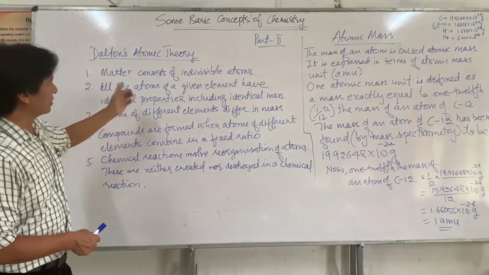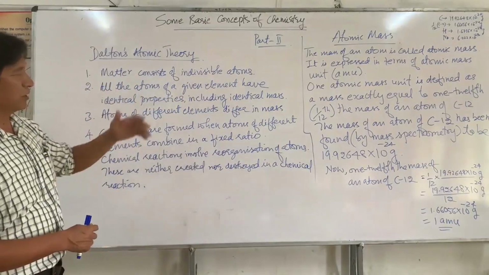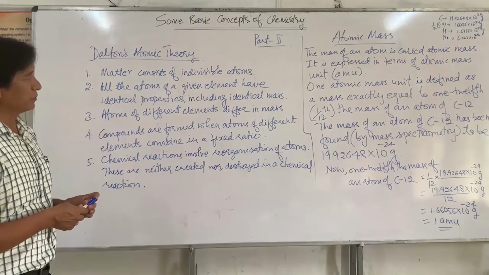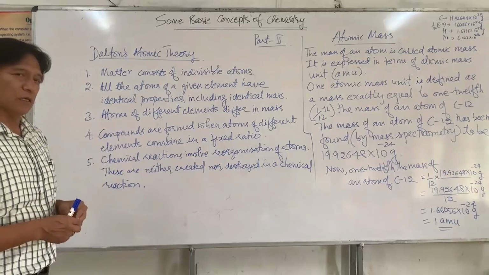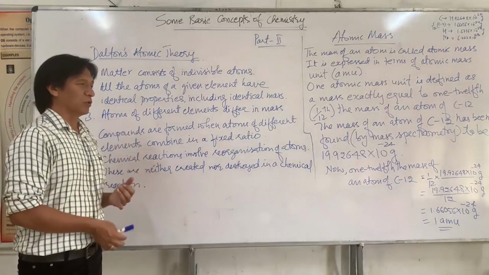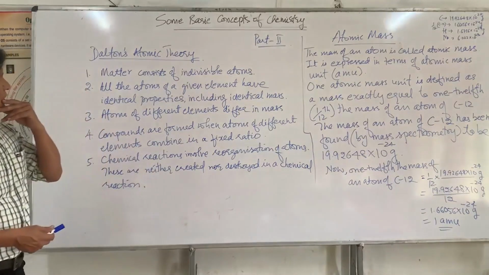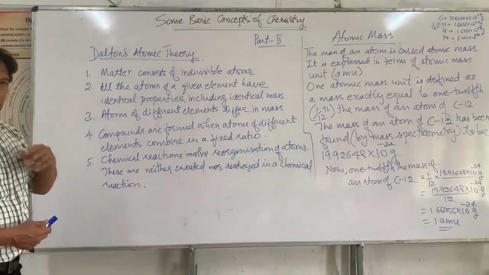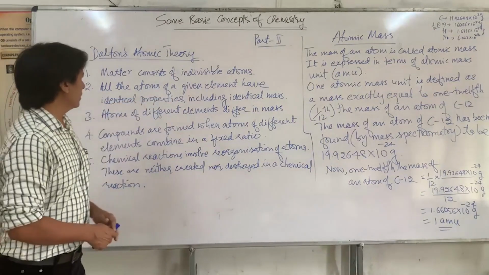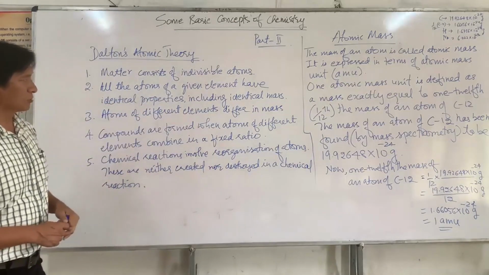The very first is matter consists of indivisible atoms. In fact, this has its limitations because today an atom is known to consist of its subatomic particles like protons, neutrons and electrons. The next thing that Dalton's atomic theory says is all the atoms of a given element have identical properties, including identical mass.